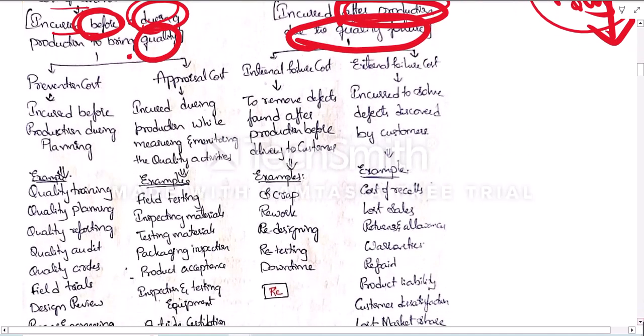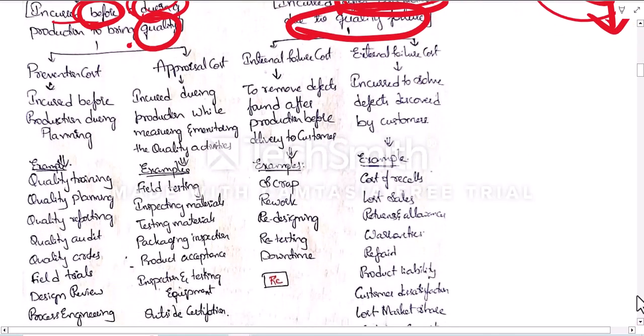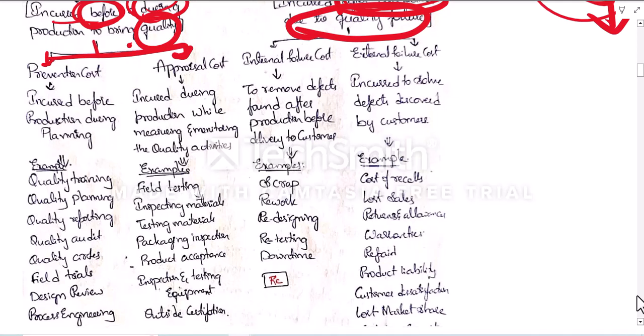So coming to cost of good quality, it is further divided into prevention cost and appraisal cost. Prevention cost is any cost incurred before the production, during the planning stage itself.